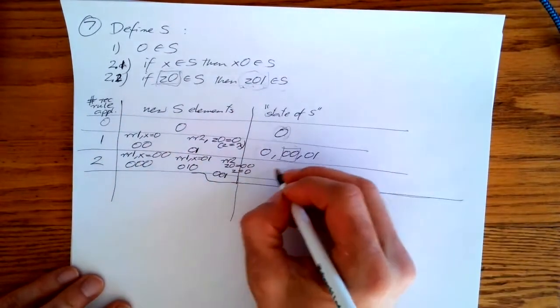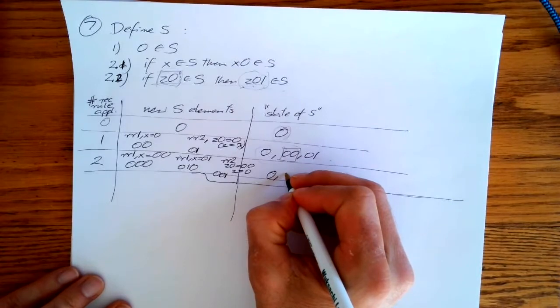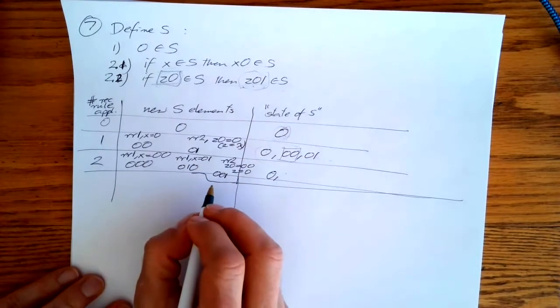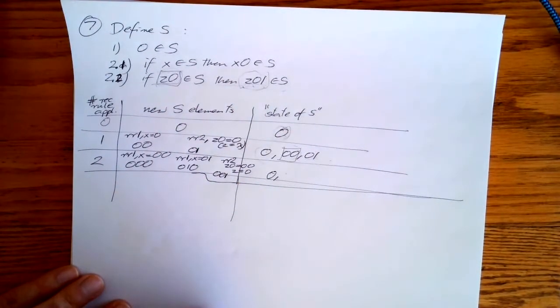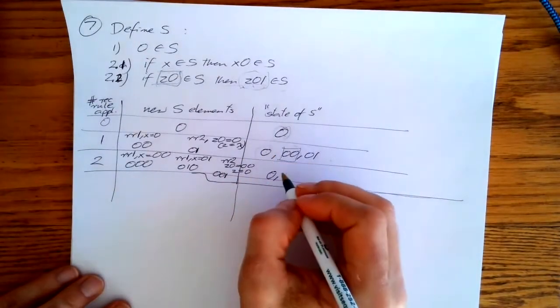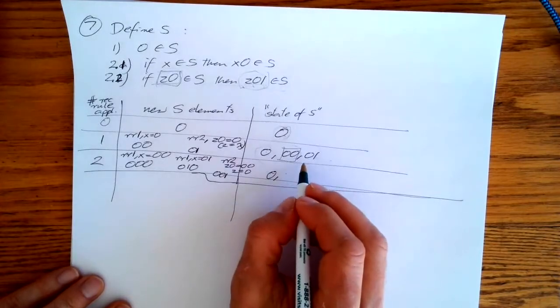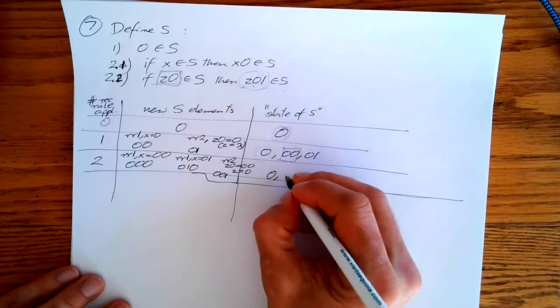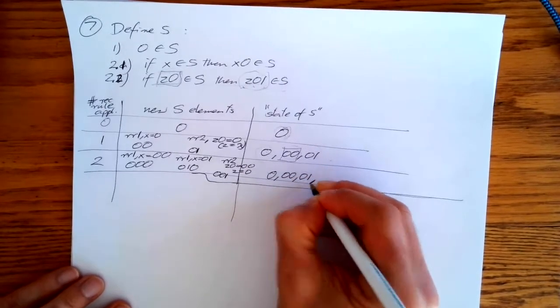So let's add them here. So what do we have? 0, 0, 0, 0, 0, 1.